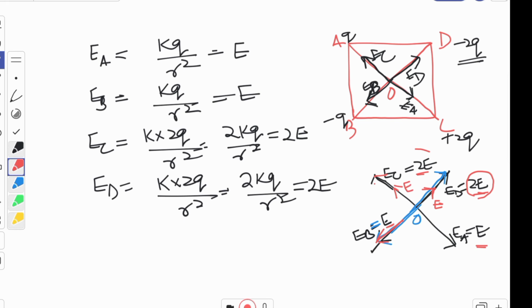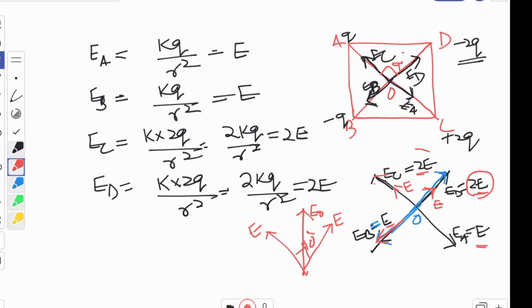And you know the diagonals of the square bisect each other at 90 degree. So now the current diagram will be what? This is your net resultant E, and this is 90 degree. So we have to find out now E, this is 90 degree, this is your EO. Finally we will find out this.